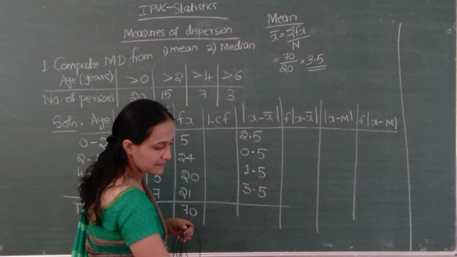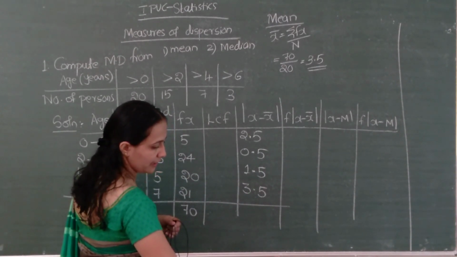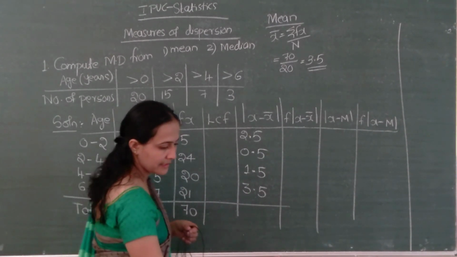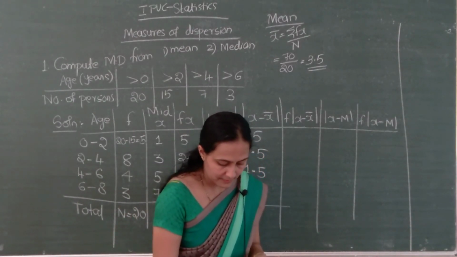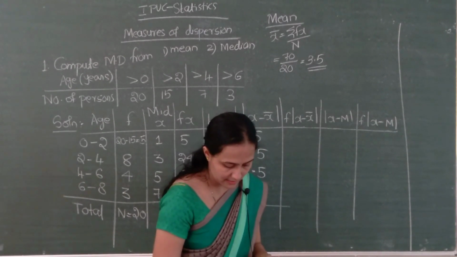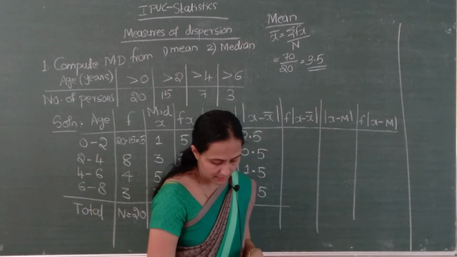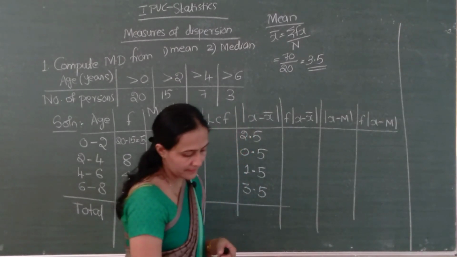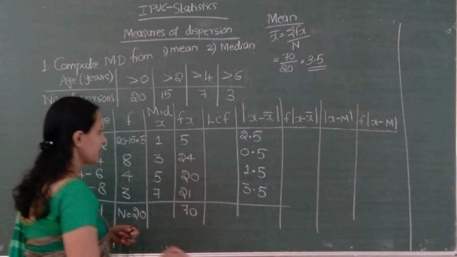X minus x bar, 3 minus 3.5. Correct? See, 1 minute. 3 minus 3.5, 3.5 itself. Okay.